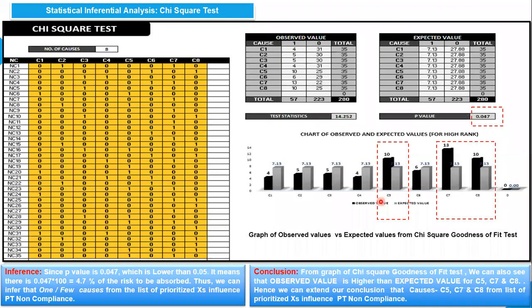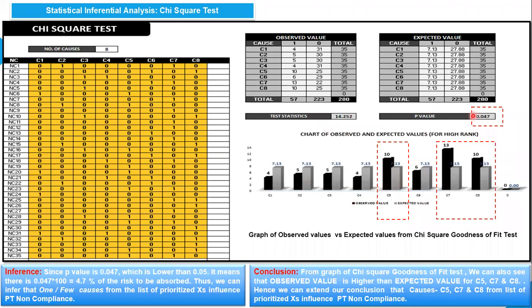So this is how it will look. We already pasted data over here. We already put 8 over here, the number of causes. We removed C9 from here, right? Then all we need to do is check the p value over here, and check this graph as well. Here, this black colored bar is for observed value, and this white or typically gray colored bar is for expected value, right?